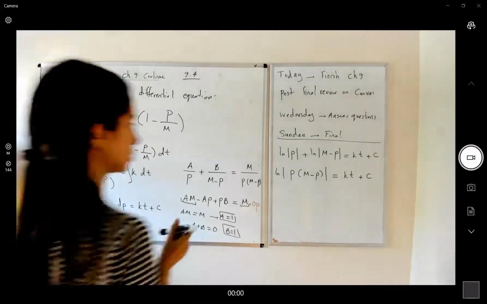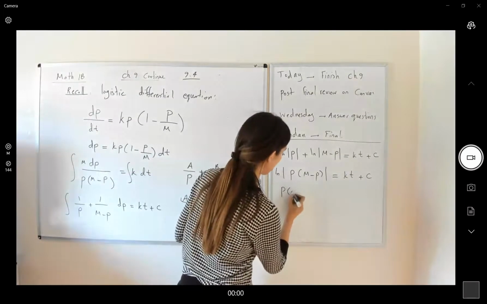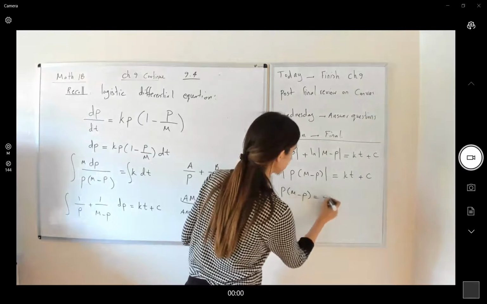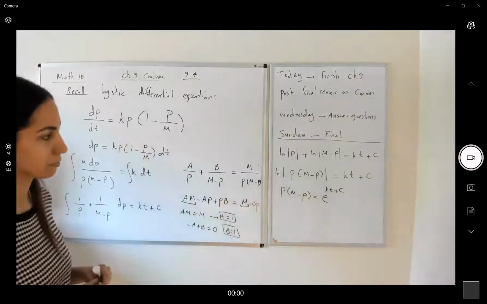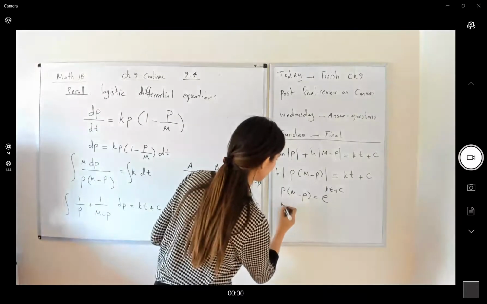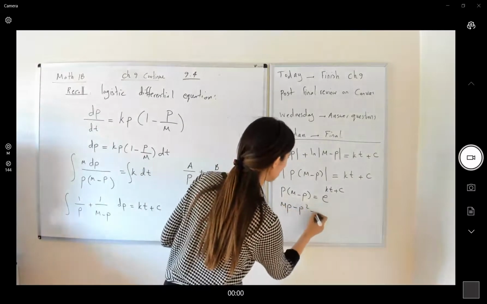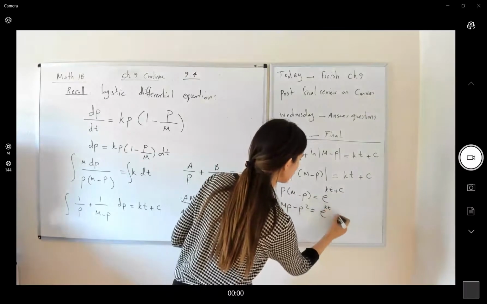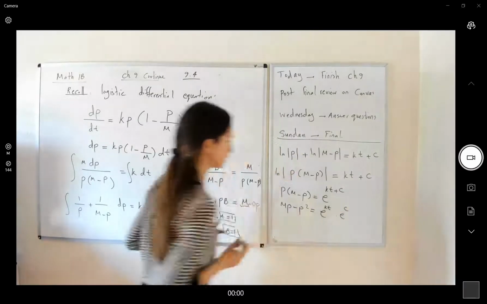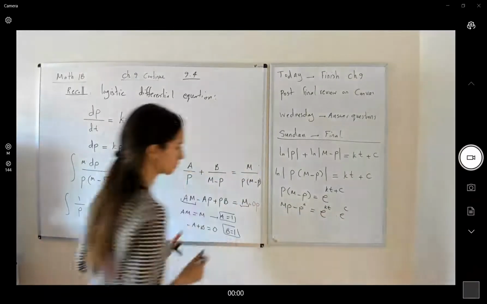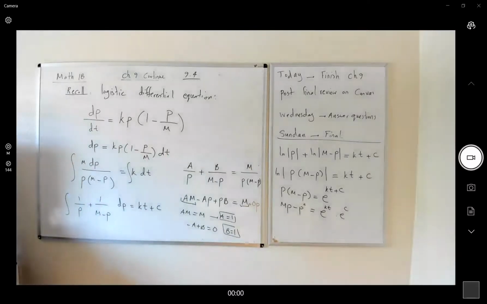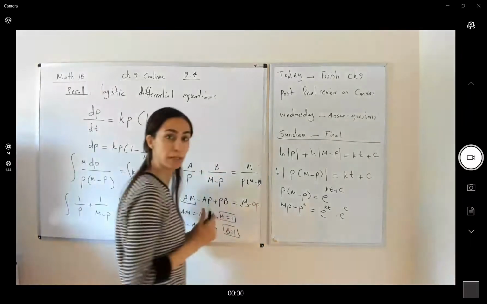Very well. So you have P times M minus P equals e raised to kt plus C. So MP minus P squared is equal to e to the kt times e to the C. I'm going to factor out the negative sign.